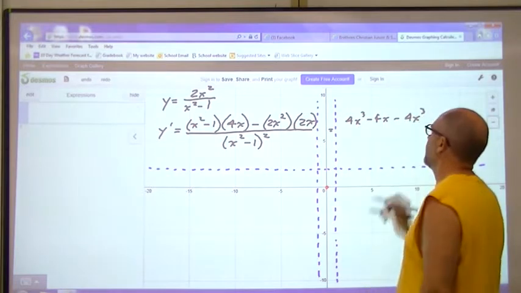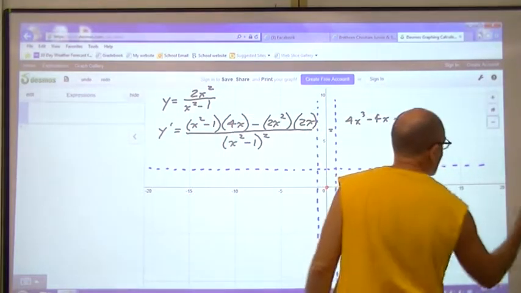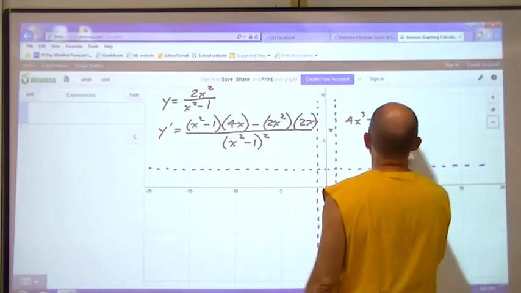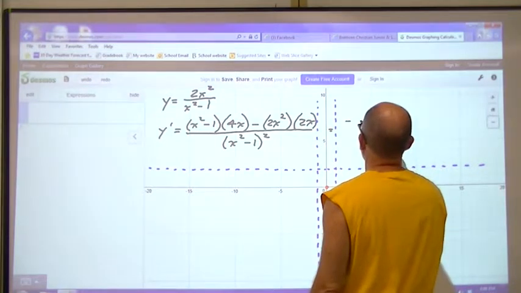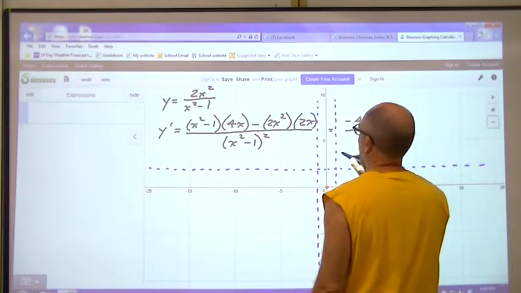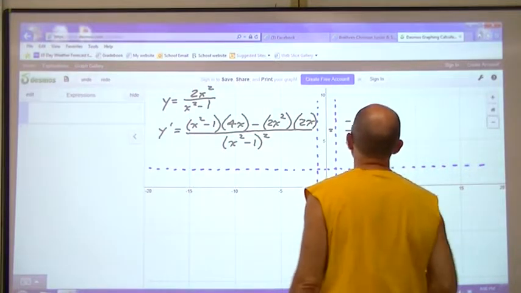Okay, so 4x cubed minus 4x cubed is just going to be a minus 4x. So let's just save a little time here and just go, okay, that's minus 4x over x squared minus 1 squared.